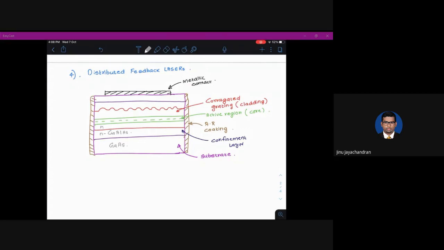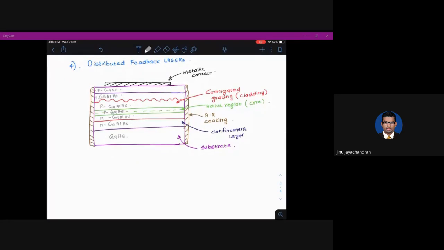The cladding layer, the bottom layer, will be N-type gallium aluminum arsenide. The active region is P-type gallium arsenide. The corrugated grating cladding will be P-type gallium aluminum arsenide. This will again be P-type gallium aluminum arsenide. And then you have P-type gallium arsenide. You don't need to memorize all these names. I just mentioned them, that's all.